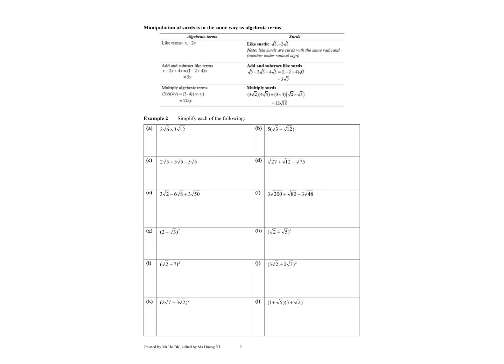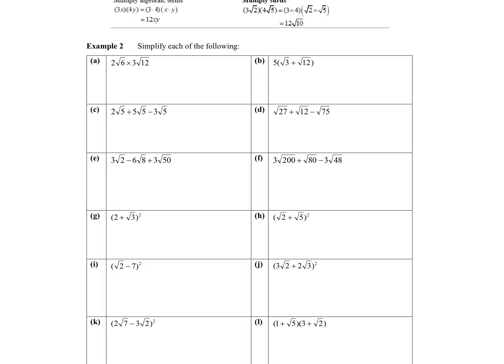Okay, this one, just further practices. So first thing first, number with number. Root 6 and root 12. Is there a way to simplify it? Can I break the root 12 further to become what? 4 and 3, but I cannot get rid of the root 6.